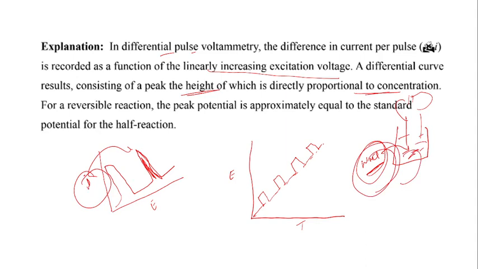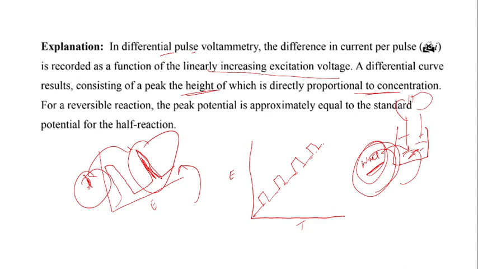If current is more, it means your analyte is more, your analyte might be NaCl, AgCl, whatever. So the height of this peak will be increased, or in simple language current will be increased. You can correlate this thing.